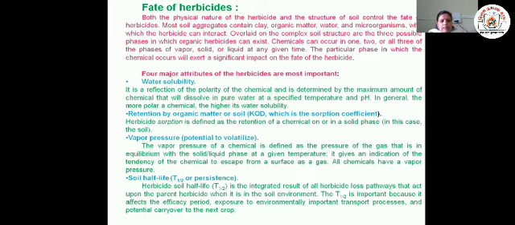Herbicide soil half-life is the integrated result of all herbicide loss pathways that act upon the parent herbicide when it is in the soil environment. The soil half-life is important because it affects the efficacy period, exposure to environmentally important transport processes, and the potential carryover to the next crop.